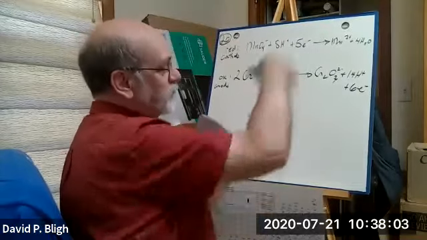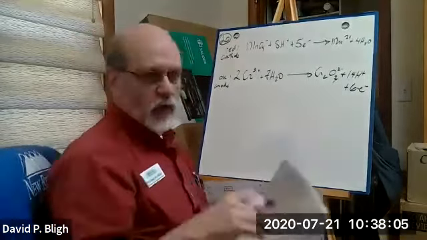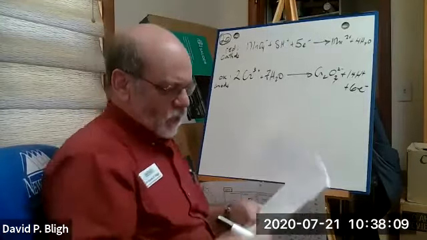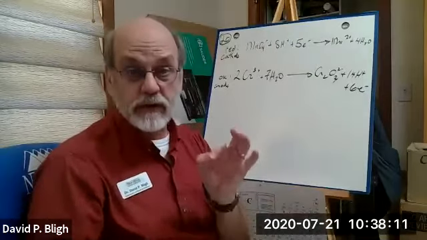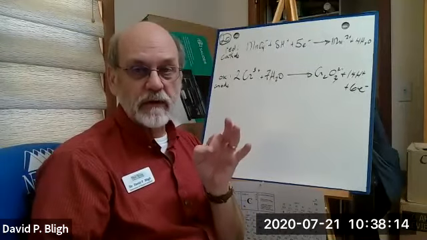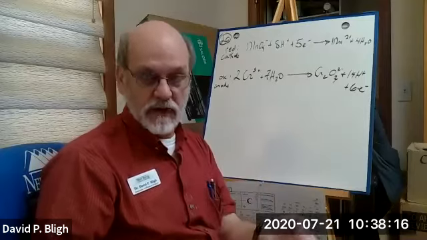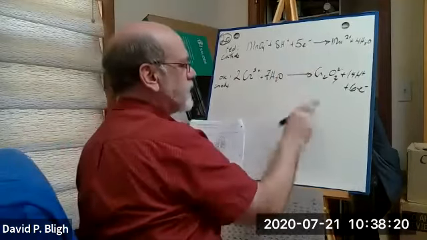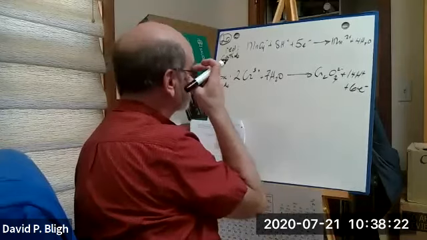Okay, now we have to combine these equations in order to calculate Q. And we probably, in order to answer number 22, also need to tally the number of electrons transferred. Here we've got 5 electrons, there we've got 6 electrons.